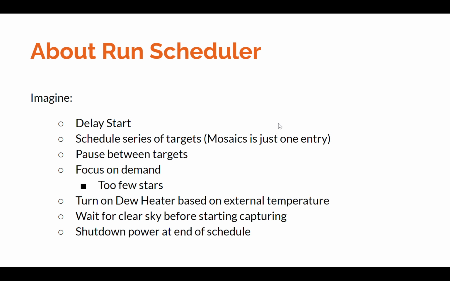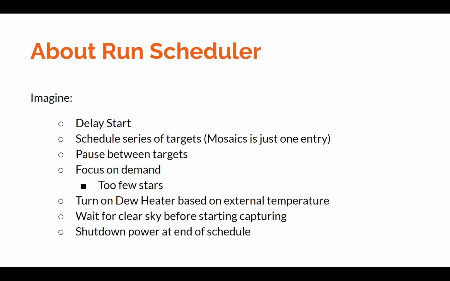So about the run scheduler. Okay, imagine this. What the run scheduler can do is I can have a delay. That means I can say, when it starts scheduling, I don't want to start until 10 p.m., or I don't start until 30 minutes later.